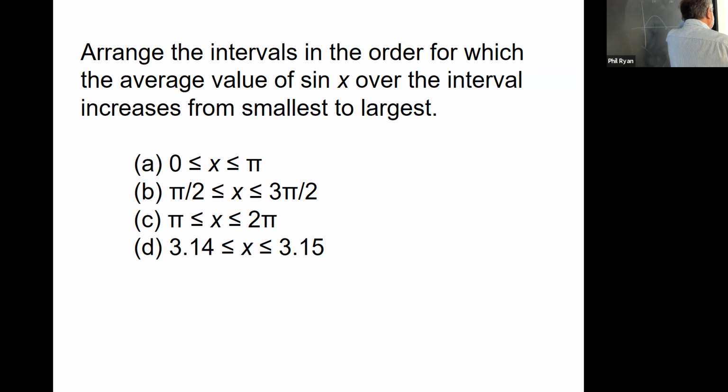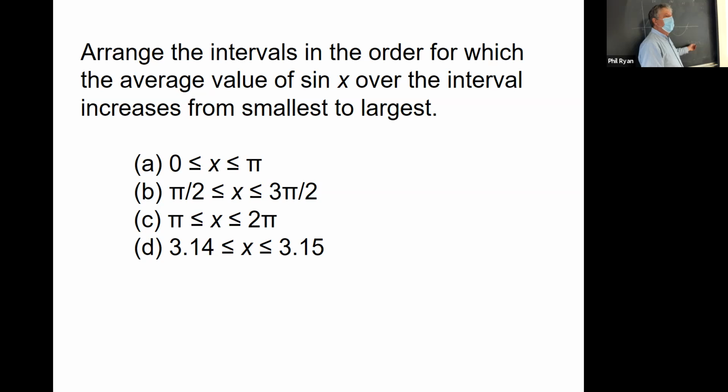Okay, so what about x between 3.14 and 3.15? So this is like over here. What's the average value there? So what is pi? Pi is 3.14159 something. So afterwards, remember this function goes up.